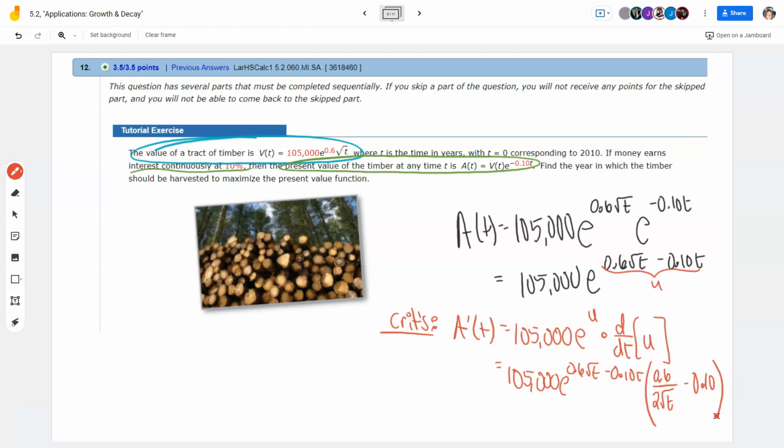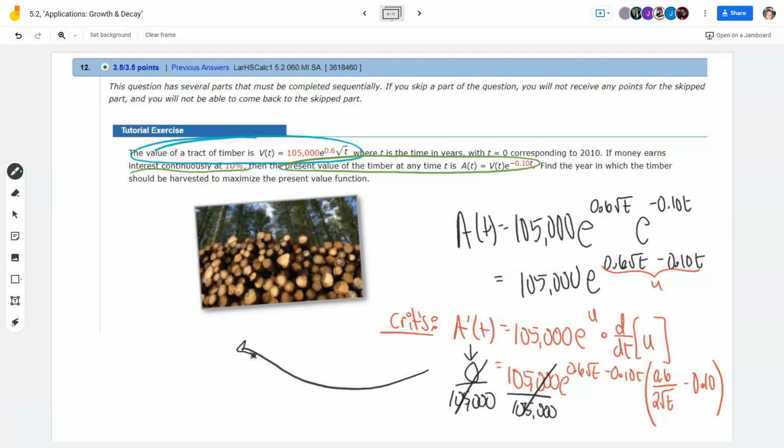And then they say, you want that to be crits? Set that guy equal to 0. If I divide by, this ends up being 0.